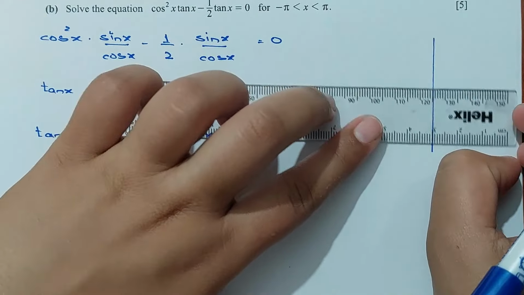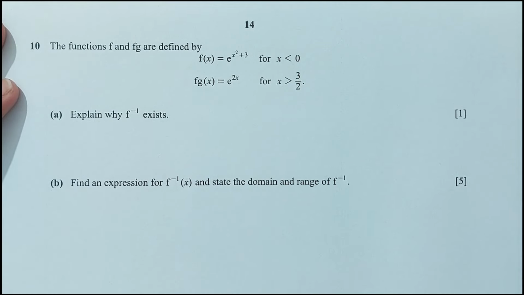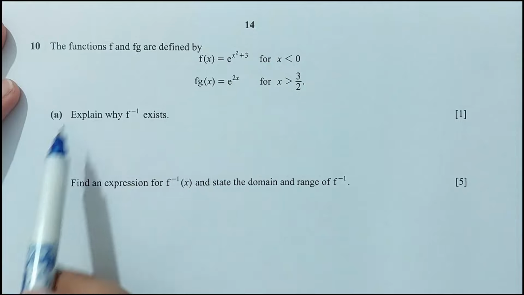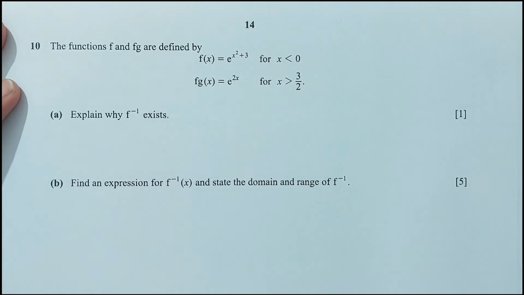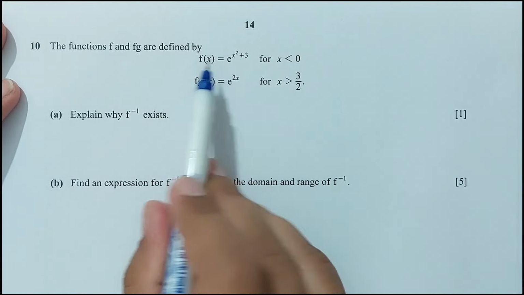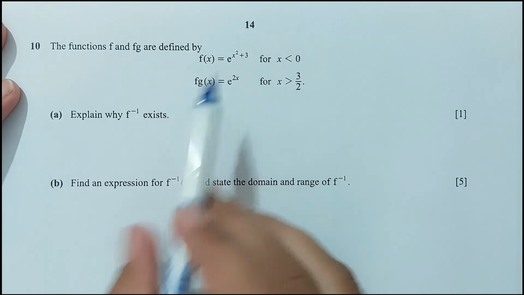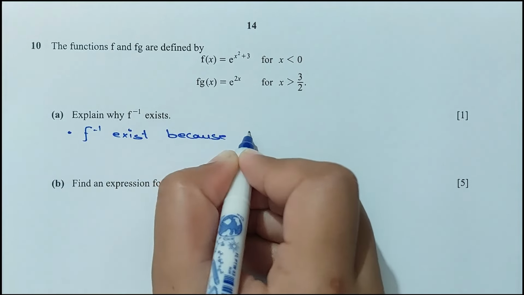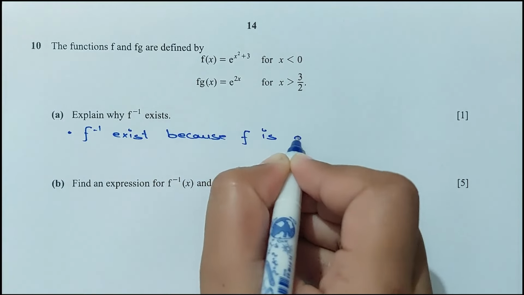Question number 10. The functions f and g are defined by f of x and g of x. Part A: explain why f inverse exists. We have been given f, so why does the inverse of f exist? There are some conditions for when f inverse exists. The first condition is that f inverse exists because f is a one-to-one function.